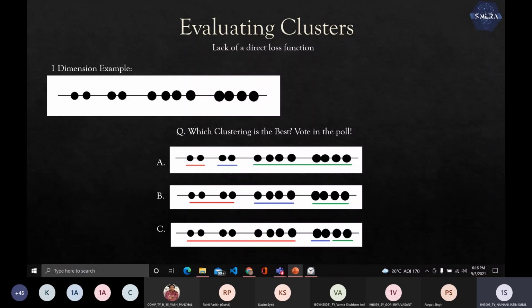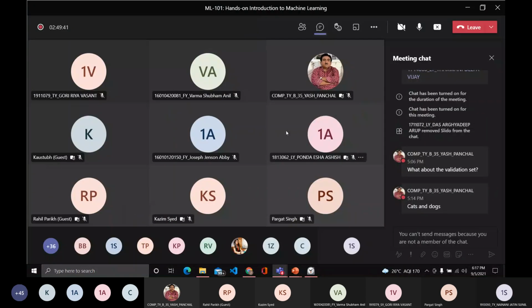Right. So here is a very simple 1D example. These 12 data points are aligned in this way. And I want you to put in chat or unmute yourself and say which of these options is the best clustering. The colors represent the clusters themselves. Anyone? Can anyone answer?